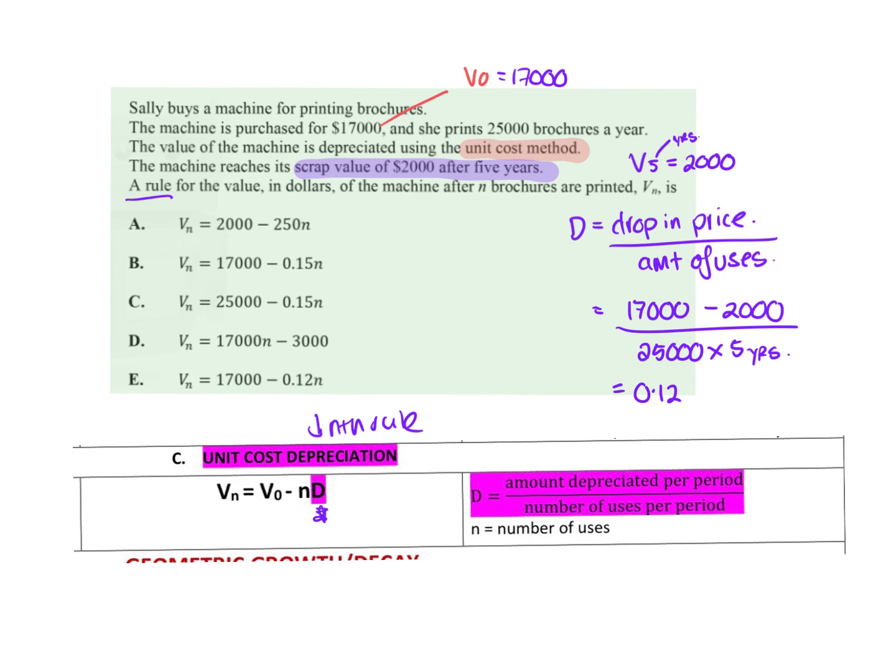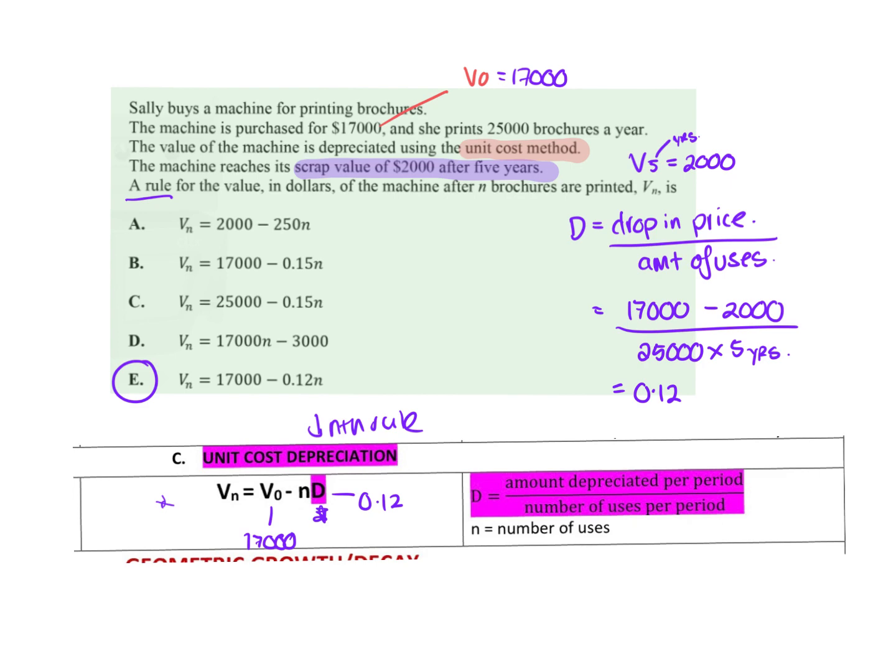It's 12 cents. It costs them 12 cents to make one brochure. So where's the rule for this one? We can see if we were writing out this rule, we would have V0, which is 17,000, and we've found D to be 12 cents, so it's that one.